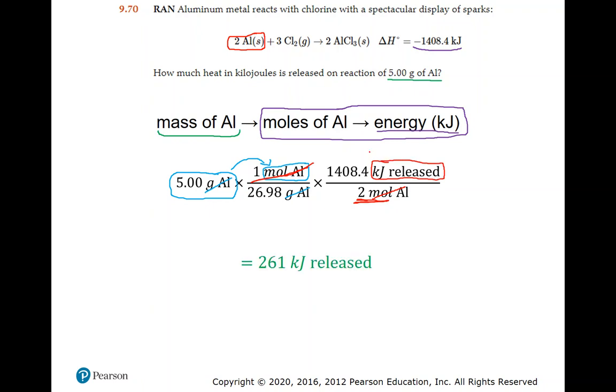And that's going to be 261 kilojoules released. By using the term released, we're stating that it's an exothermic process, and so we don't use the negative sign if we're specifying that it's released. If we just wanted to know the energy change, then you would need to use a negative sign there.